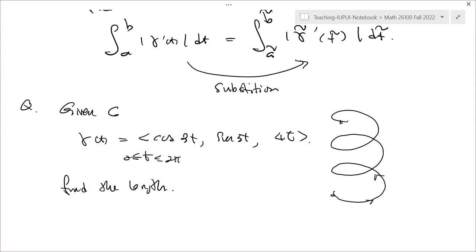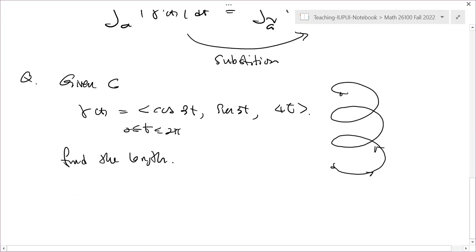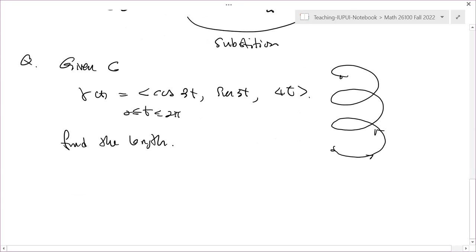So use this parametrization, then you can use the integral to find the length. If you want to solve this problem, the first thing you have to do is write down the formula. The length of C is going to be the integral from 0 to 2 pi of the norm of gamma prime of t, dt. You write down this formula first.